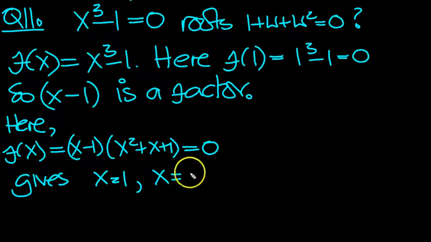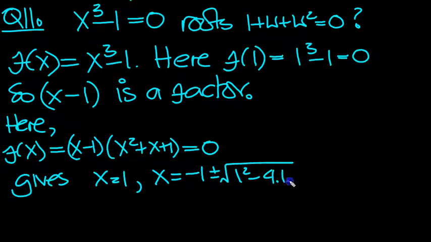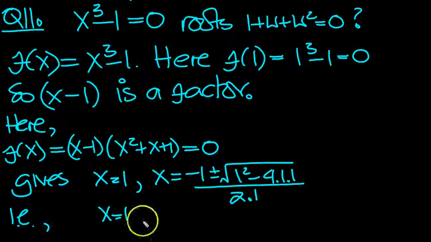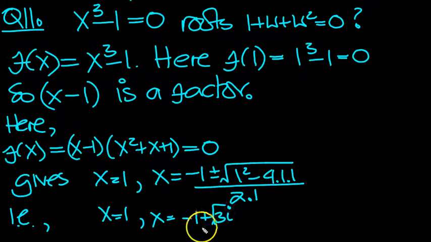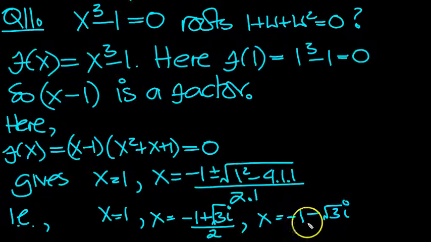So x equals minus b, which is minus 1, plus or minus the square root of b squared, which is 1 squared, minus 4 times a, which is 1, times c, which is 1, over 2a, which is 2. So x equals 1, x equals minus 1 plus, now 1 minus 4 is minus 3, with a square root is root 3i, over 2, and the other root is x equals minus 1 minus root 3i over 2.